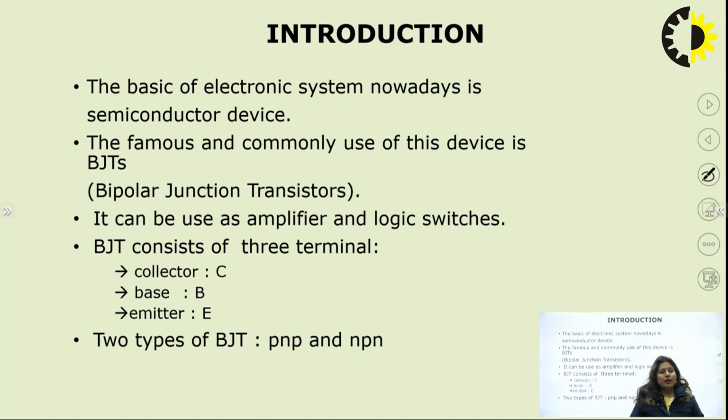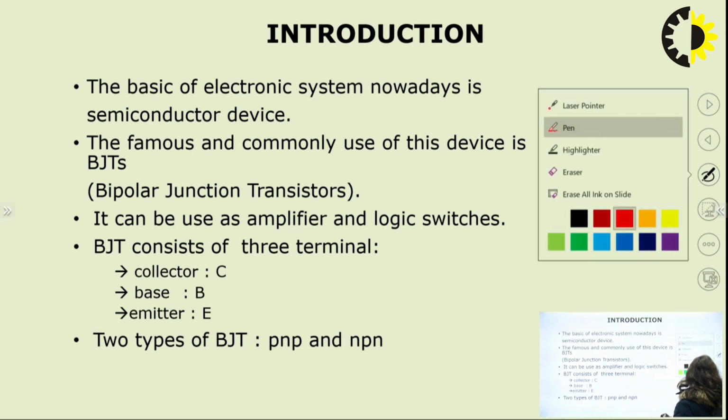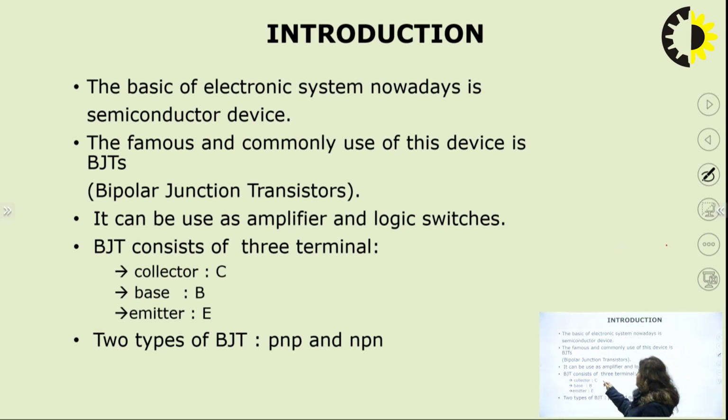These bipolar junction transistors can be used as amplifiers or logic switches, and a BJT basically consists of 3 terminals: collector, base and emitter. There are 2 types of BJT. The first is the PNP type and the second is the NPN type.